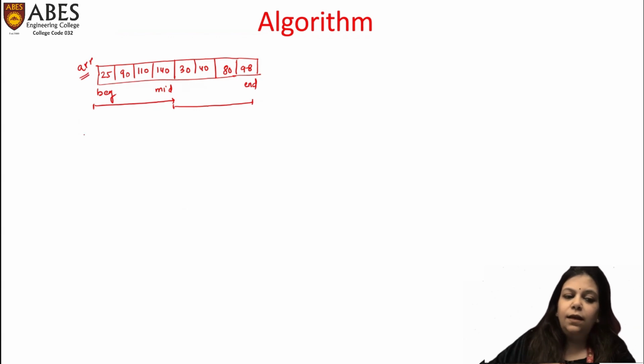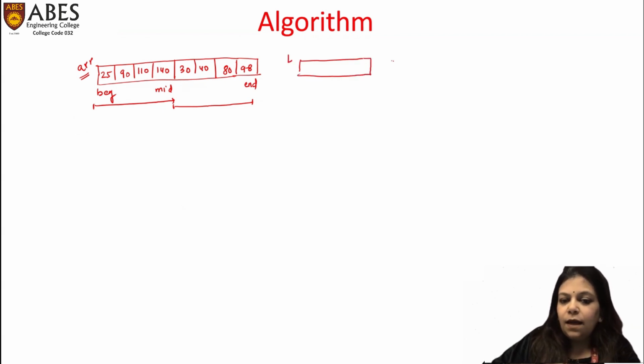Suppose the name of the array is AR. So for this, what we will do? We will first of all create two subarrays, suppose with the name L and R, right?